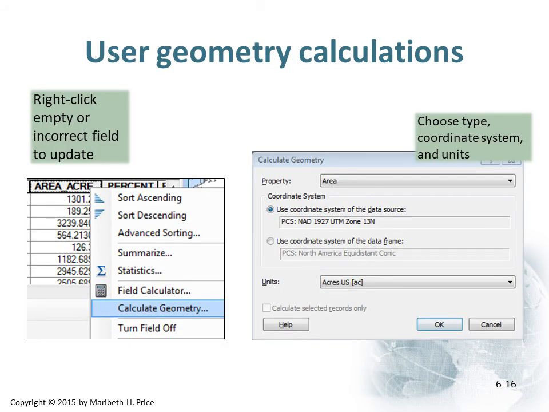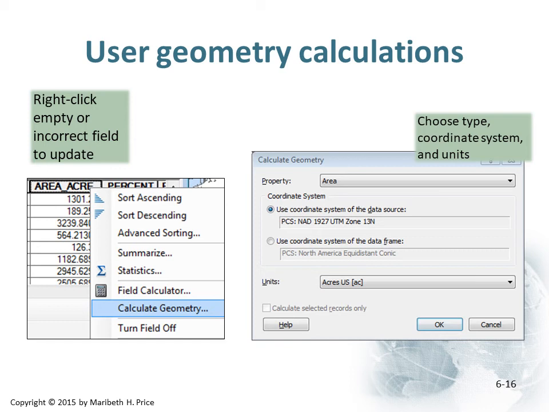Now, how do we do it? I've said it a couple times about calculating the geometry. Basically, you right click on the field where that area or length or perimeter or whatever that geometric field is, and then you're going to right click and go down to calculate geometry, which pops up another GUI where you select the property, the coordinate system, and the units.